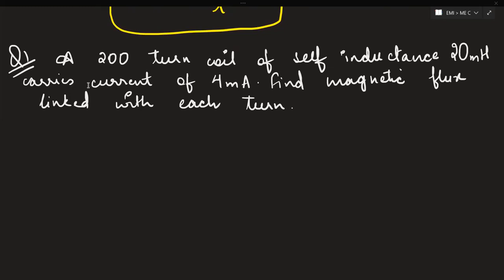Send the answers of this question. This is a very direct formula based question. Number of turns is mentioned, current is mentioned, and inductance is mentioned. Only phi is unknown.